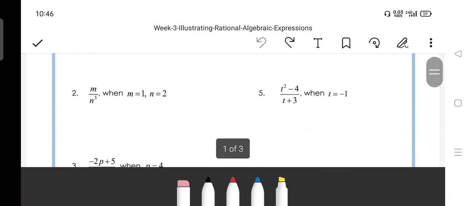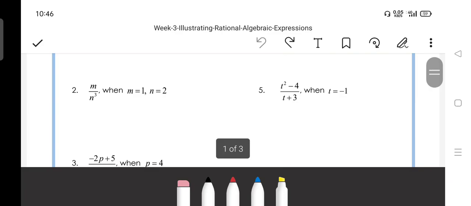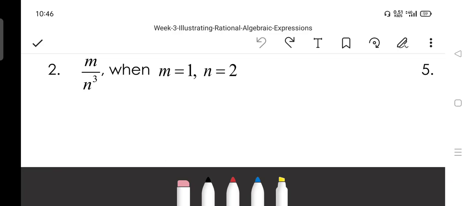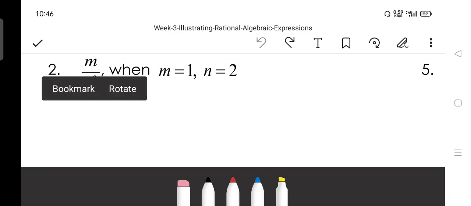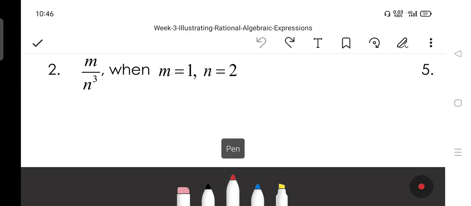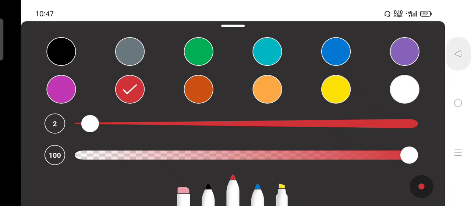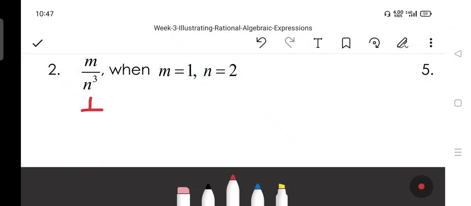Then let's move on to our example number 2. Given m over n cubed, when m is equal to 1 and n is equal to 2. So m is equal to 1, so we have 1 over n, which is 2, and we have cube, equals 1 over 2 cubed, which means 2 times 2 times 2.